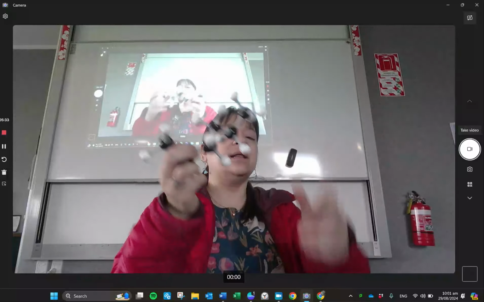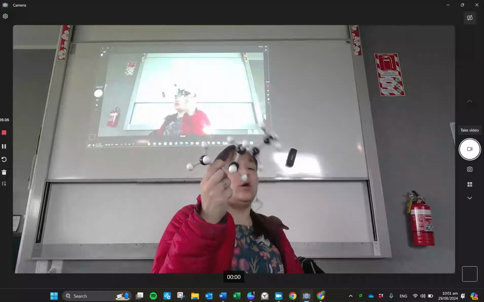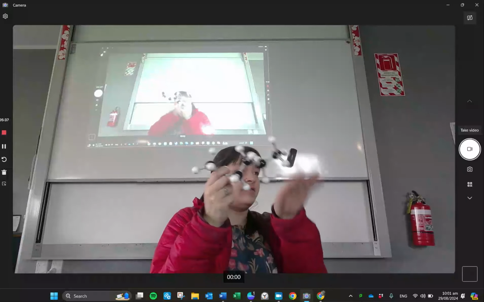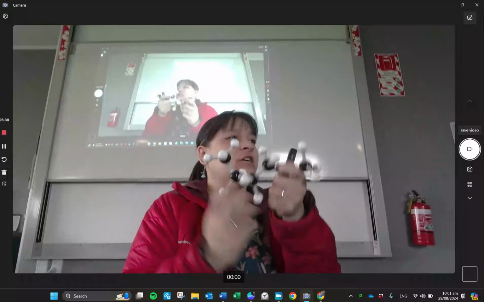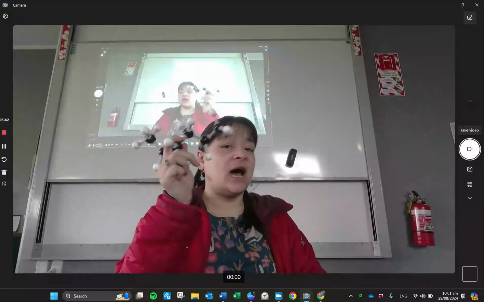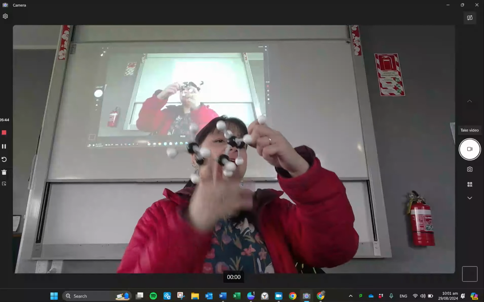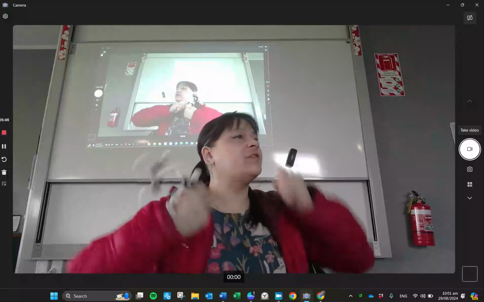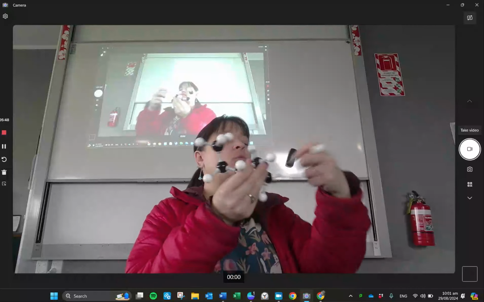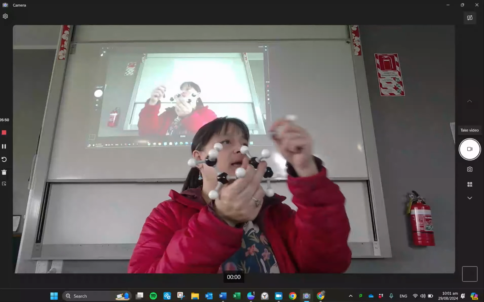Now, when I do a structural isomer, I have a molecule with the same number of carbons and hydrogens, or whatever the molecular formula is, but with a different bonding pattern. The first way I solve this problem is I take the end carbon off and move it somewhere else on the chain to make a branch.